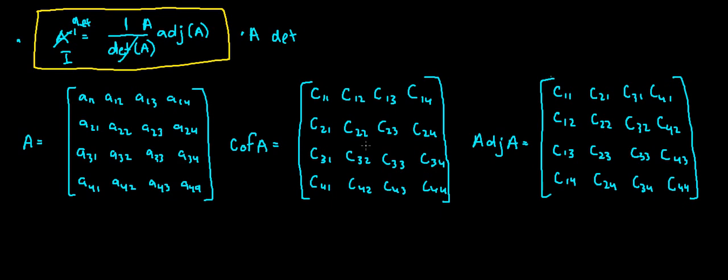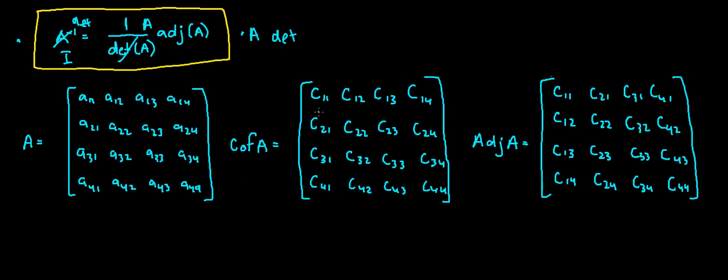But a question is, what happens if I multiply this row by a different row of cofactors, say C21, C22, C23, C24? And the answer to that is that it's always going to be 0. Anytime someone takes a row and multiplies it by a set of cofactors that is not that exact row, it's going to be 0.